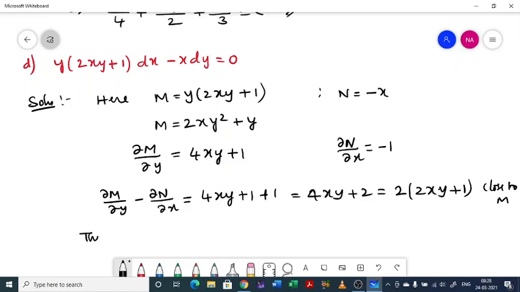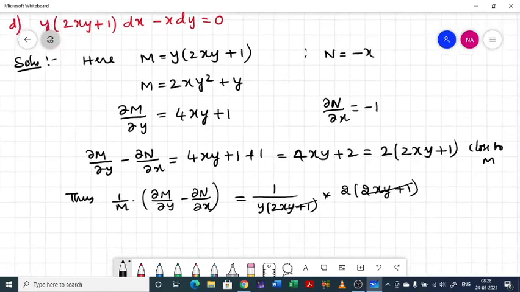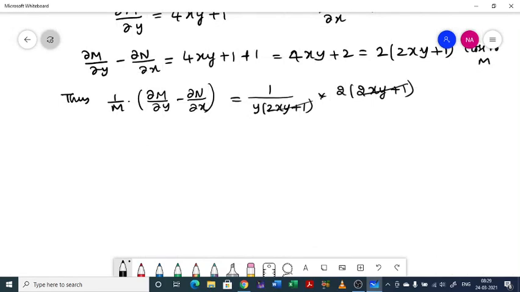Thus 1/M into (∂M/∂y minus ∂N/∂x) equal to 1 by M, that is 1/(y(2xy plus 1)) into 2 times (2xy plus 1). 2xy plus 1 gets cancelled, you get 2 by y, that we can call as g of y.